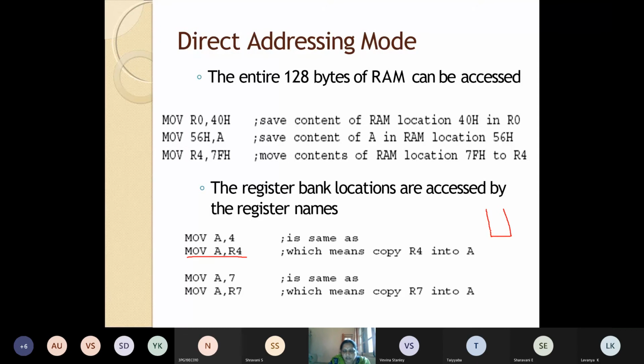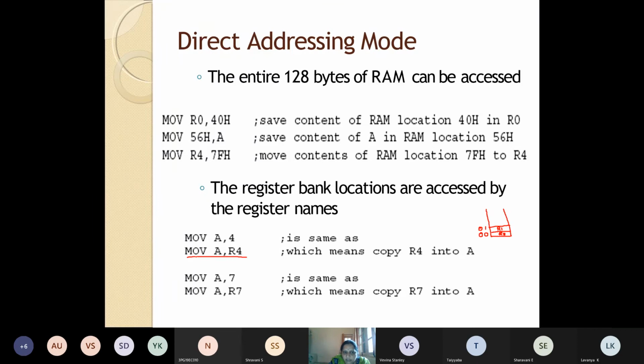Initially you have bank 0, bank 1, bank 2, bank 3, later the 16 bytes of bit addressable area. R0 of register bank 0 has the address 00, R1 has the address 01. If I refer to memory location 0 or R0, I am referring to the same thing. I can say it as register R1 or as memory location 01.